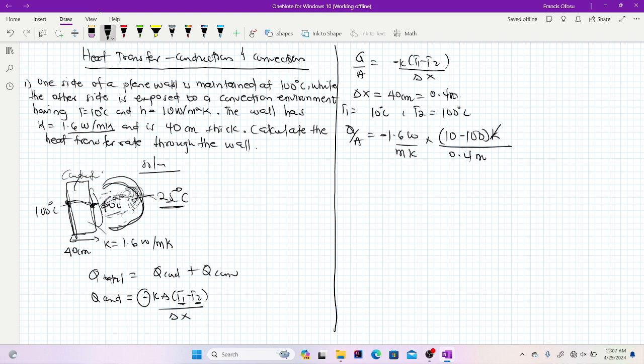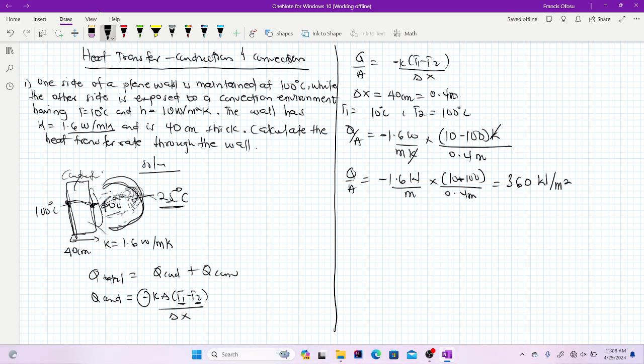So Kelvin cancels Kelvin, and we are left with Q over A being equal to negative 1.6 watts per meter times (10 minus 100) all over 0.4 meters. And this gives us 360 watts per meter squared.